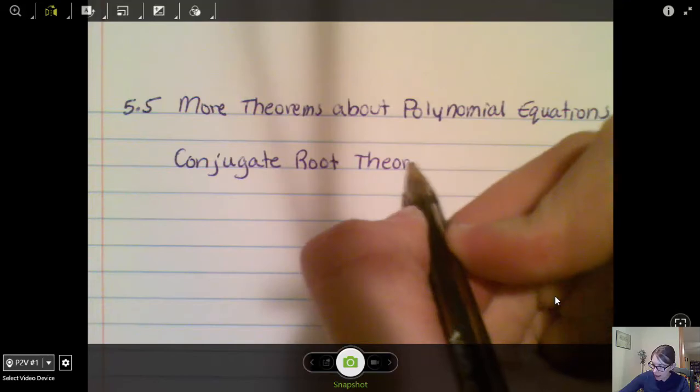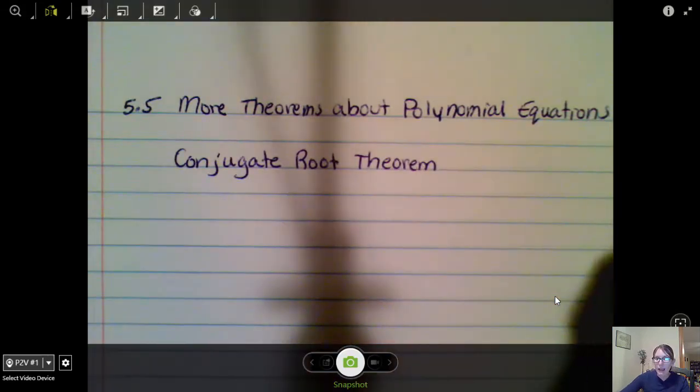Now, we heard the word conjugate back in chapter 4 when we were dividing complex numbers or imaginary numbers. Conjugate, remember we had the same thing but the opposite sign in the middle? Same thing that we're talking about here. So the conjugate root theorem says two different things.